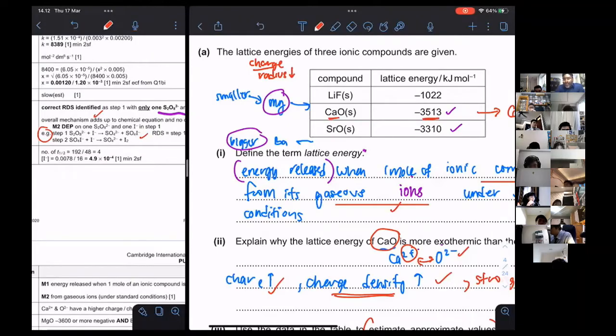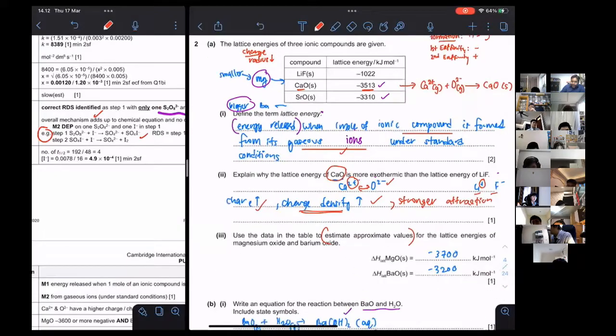So anything that is more negative than negative 3513 is correct. You can give the answer negative 3515 and it is also correct, but I will not suggest you do that. I will suggest you give negative 3600 or negative 3700. That will be a good answer.